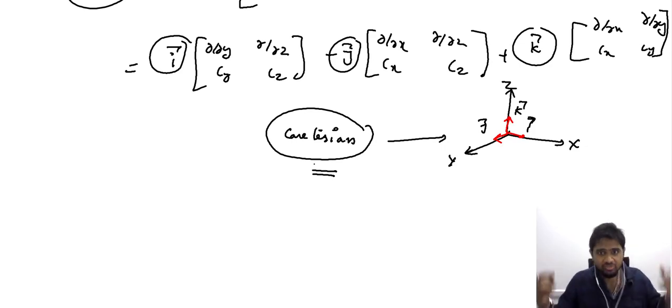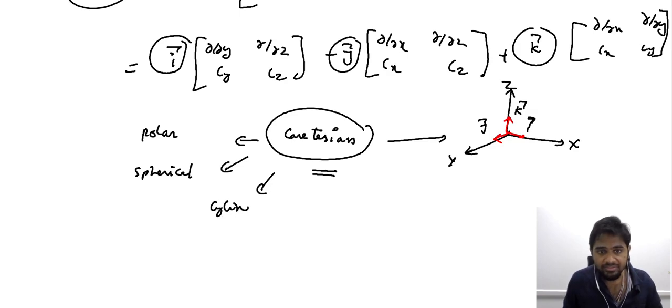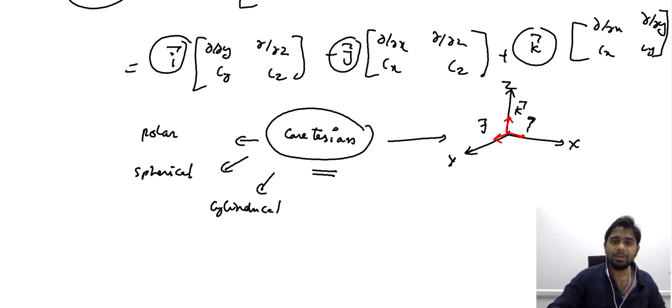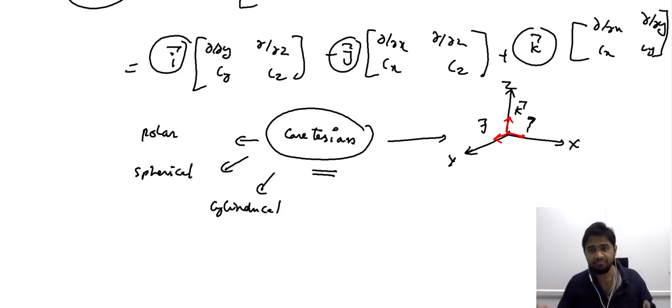However, unfortunately, Cartesian is not the only coordinate system that we have. We also have the polar coordinate system, the three-dimensional extension of this, the spherical coordinate system, and we also have the cylindrical coordinate system. So depending on the nature of the coordinate system, the meaning assumed by the indices varies.